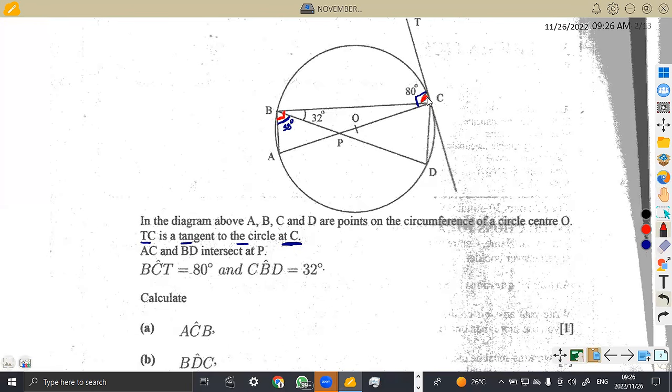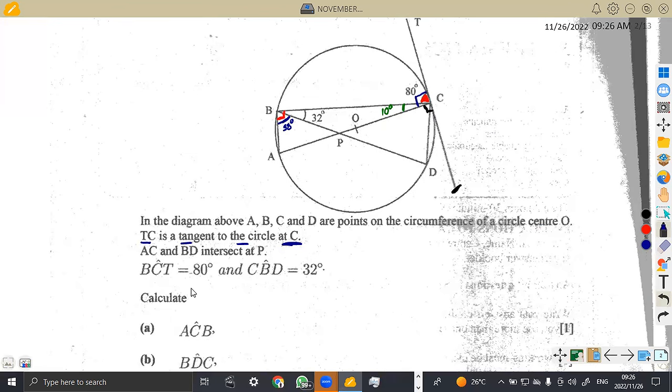So we can determine the remaining angle ACB from 90 degrees: 90 minus 80, that's 10 degrees. The other thing is on the other side here, we also have 90 degrees from A to C to this point. We do not know what the point is, but we have 90 degrees. So that's what we had from the properties that we are given.